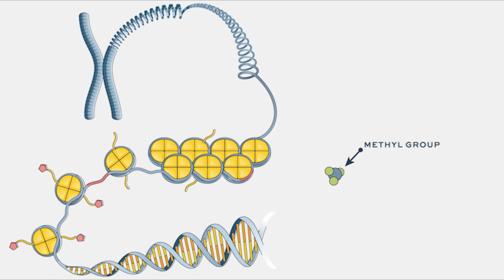So a carbon group gets put onto one of the nucleotides called cytosine, the C's in the DNA, and that changes what can bind to it, the shape of the DNA, and the function of the DNA. And those methyl groups are ubiquitous throughout the entire genome.